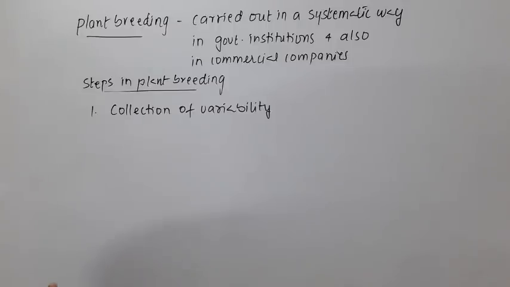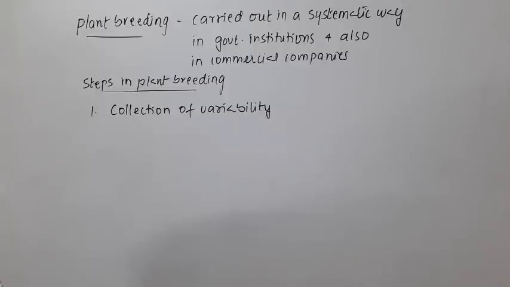There are a lot of desirable characters that we want to see in the plants. So in the wild, or in the cultivated crops, we need to check whether they have any new characters that we want. We call them desirable characters.